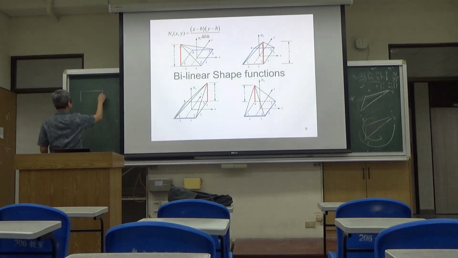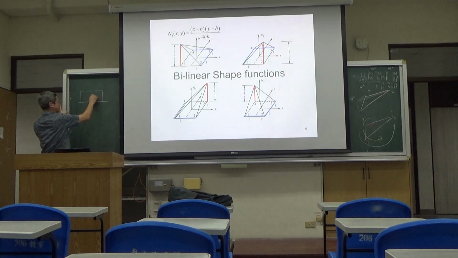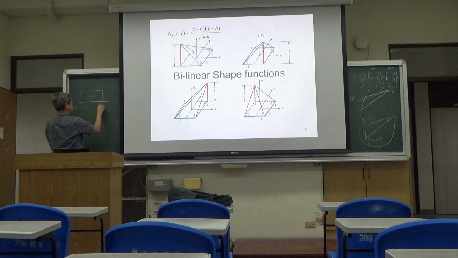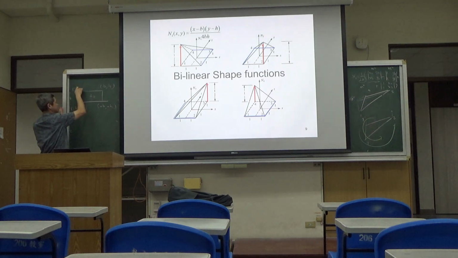If you have a square, your origin 0, your 1 is minus b minus h. This is plus b minus h. This is plus b plus h. Minus b plus h. This is in the x direction. This is in the y direction.